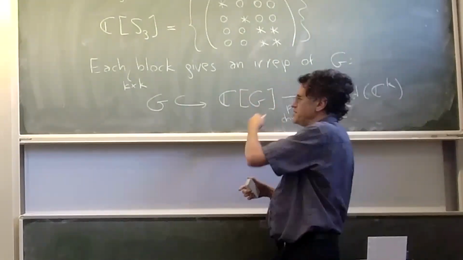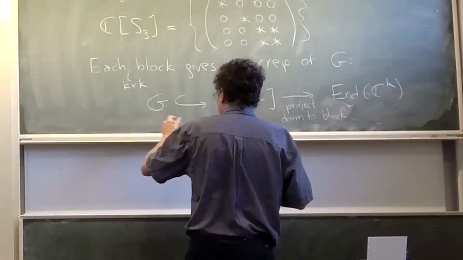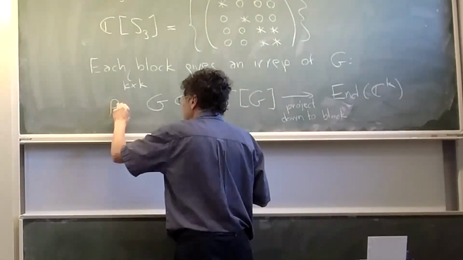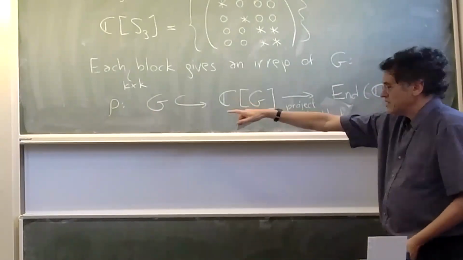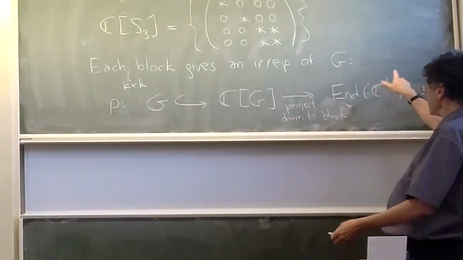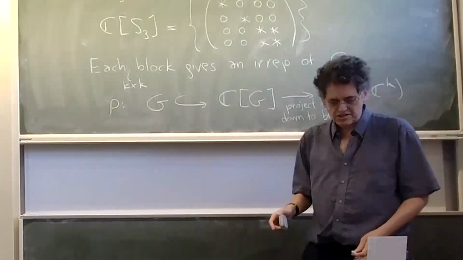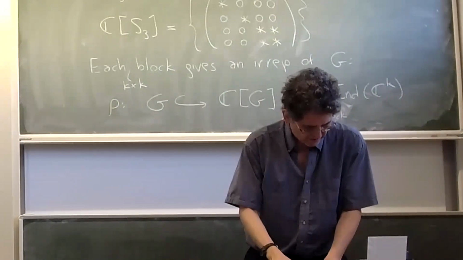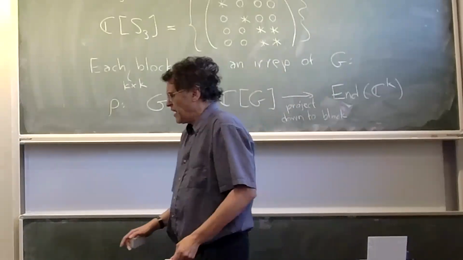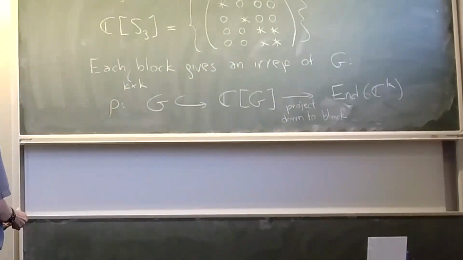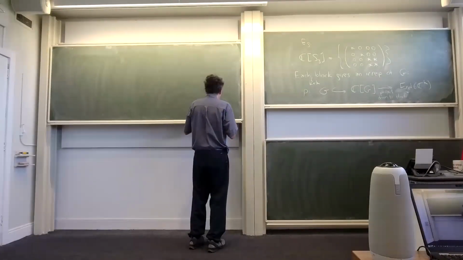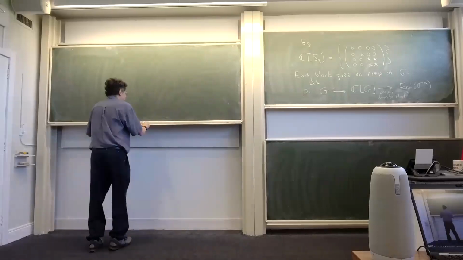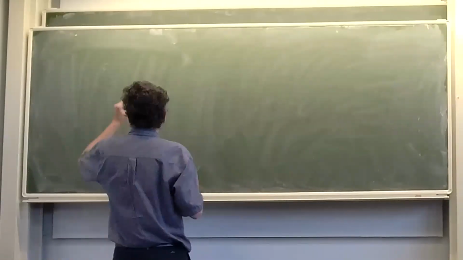And so this composite is a bunch of monoid homomorphisms. Each one is a monoid homomorphism, and so you get a monoid homomorphism from G to linear transformations on some vector space. And that's just what a representation of a group is. And the key fact that's also non-obvious is that you get all the irreps of G this way. That's maybe not too hard to prove once you believe this other stuff.